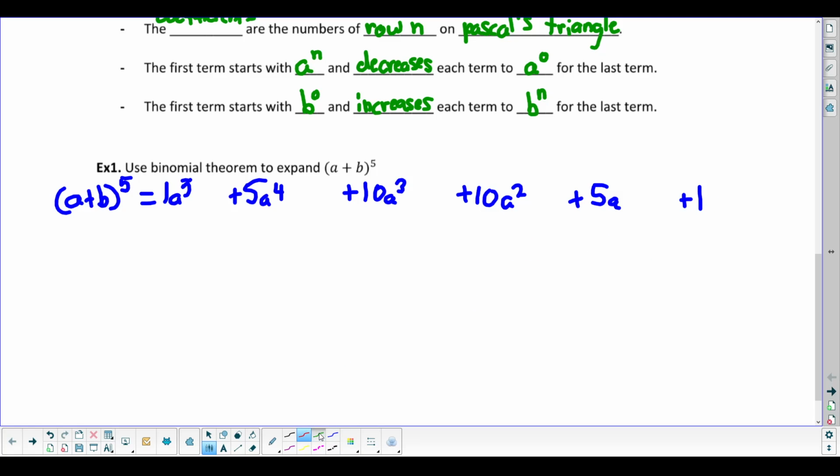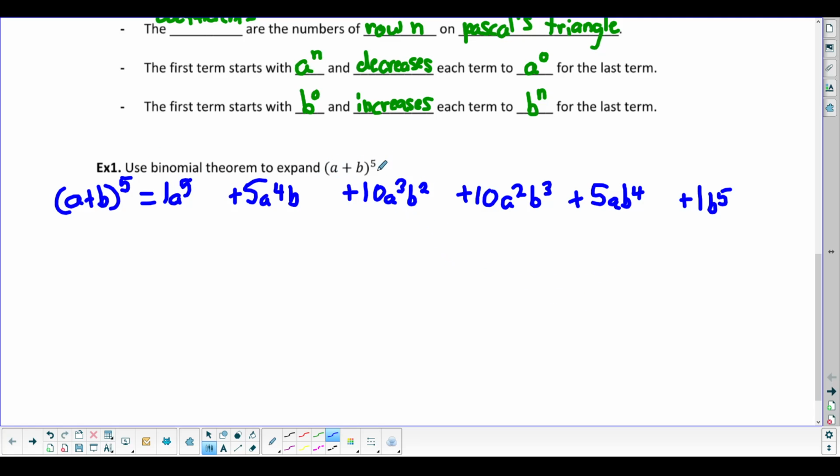Looks good. And b starts at the power of 0 and goes up by 1. So b to the power of 1, b to the power of 2, b to the power of 3, b to the power of 4, b to the power of 5. All right. So that's how we can use binomial theorem to expand these binomials.